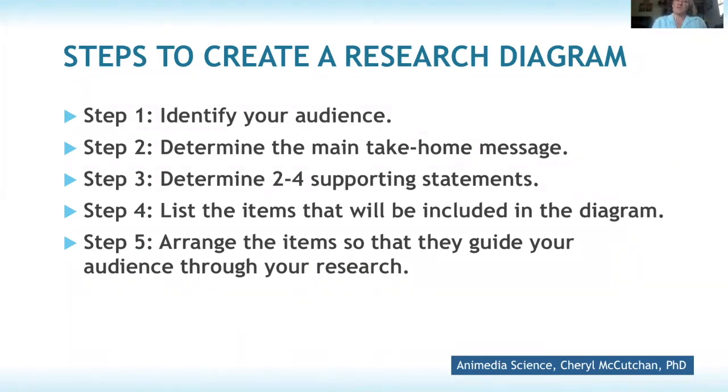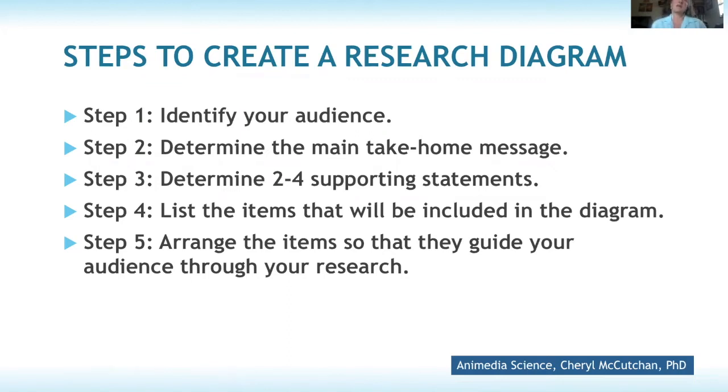So the first step that we're going to talk about is to identify your audience. And I'm going to go through all of these steps with an example too, so you'll get a little bit more information about each step and more practical information. So the first step is to identify your audience. That could be your peers, all biochemists, the general public, or even reviewers who you don't know who they're going to be.